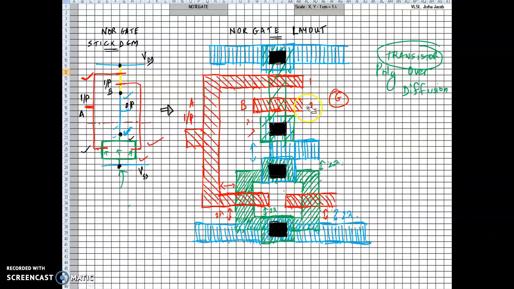Both ends of the gate polysilicon show the same terminal, that is the gate of the MOSFET. Therefore, if I apply input B at this end, the same B would be available at the right end. That is the logic for shorting at one end and applying at the other end. Let's keep going.